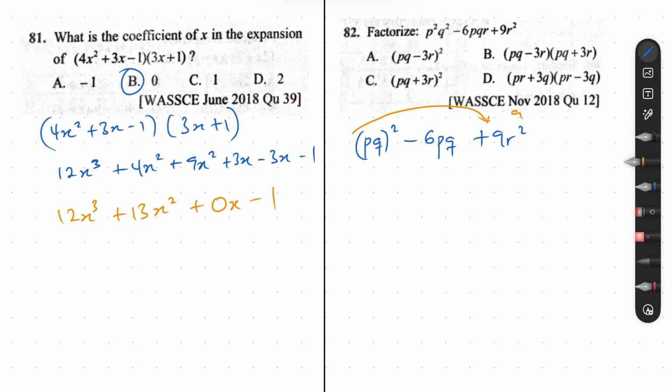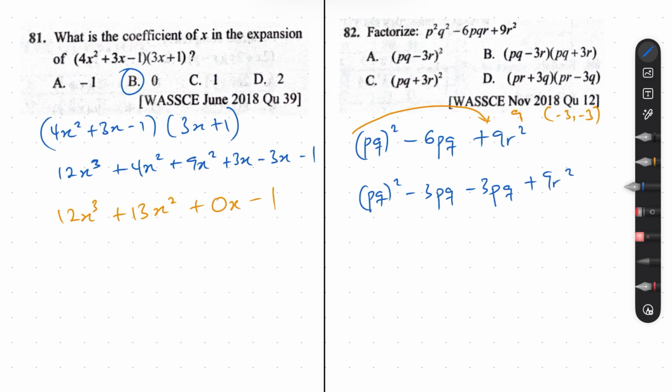So what are our two factors? Negative 3 and negative 3. Because if we multiply them, we get positive 9. When we add them, we have what? Negative 6, which is the coefficient of PQ. Okay? So let's write it. PQ squared minus 3PQ minus 3PQ plus 9R squared. Okay? Cool.